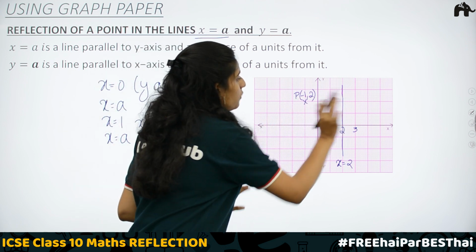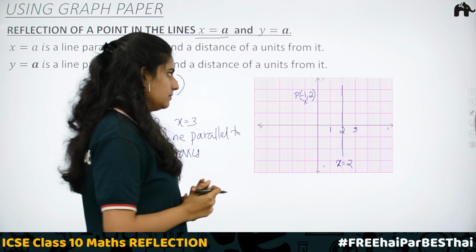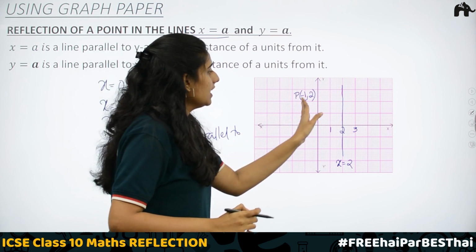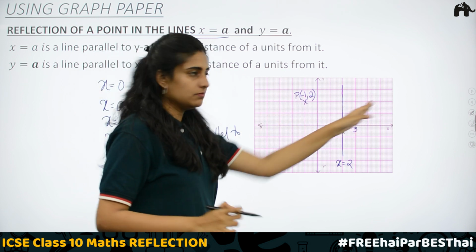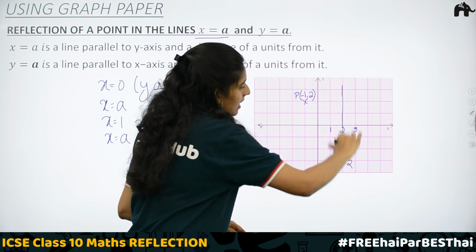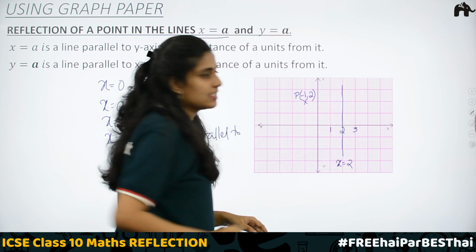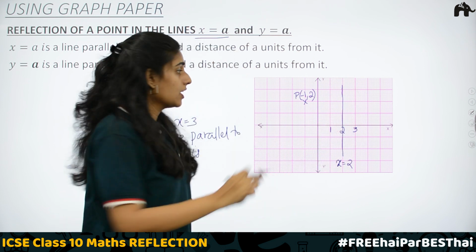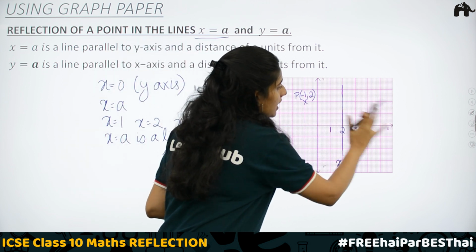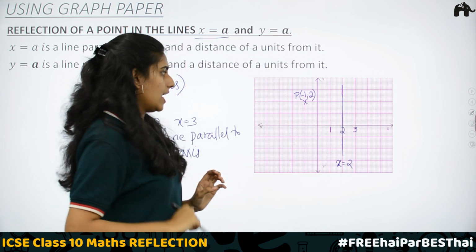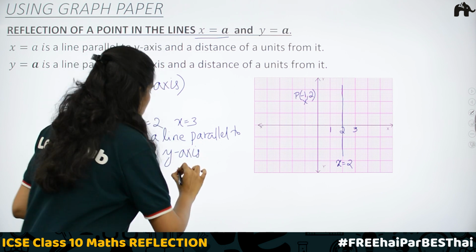Now, I am going to find the image of this point. When I get the image, this image will lie here, since the line parallel to the y-axis is my mirror line. Somewhere here I am going to get my image P dash. We need to know the coordinates of P dash.